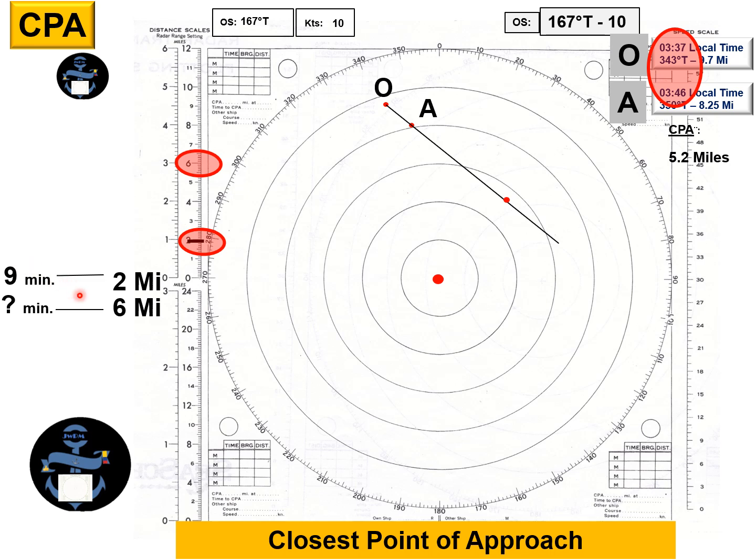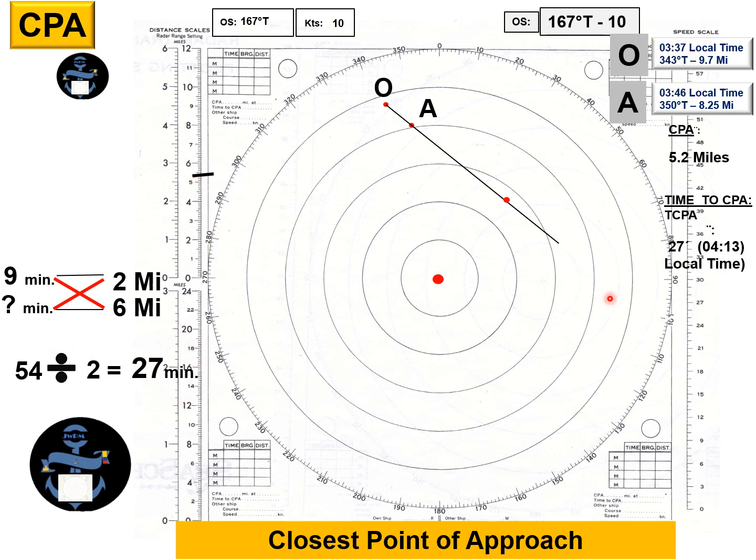So making the operation, 9 multiplied by 6 and divided by 2, so 54 divided by 2 equals 27 minutes. This is the time to CPA. Time CPA 27 minutes. Local time 0413 is the time when this vessel is going to be at the shortest distance from me. This is the procedure to obtain the CPA.